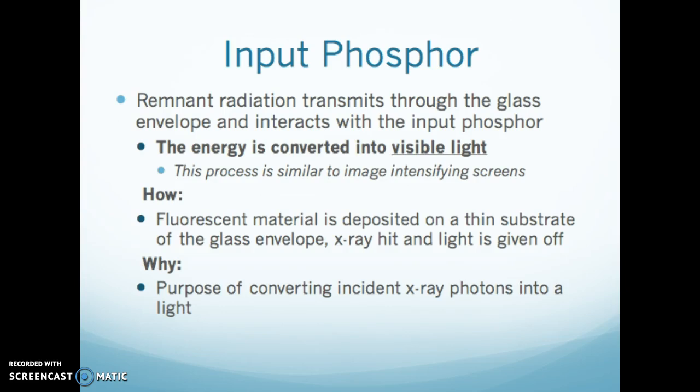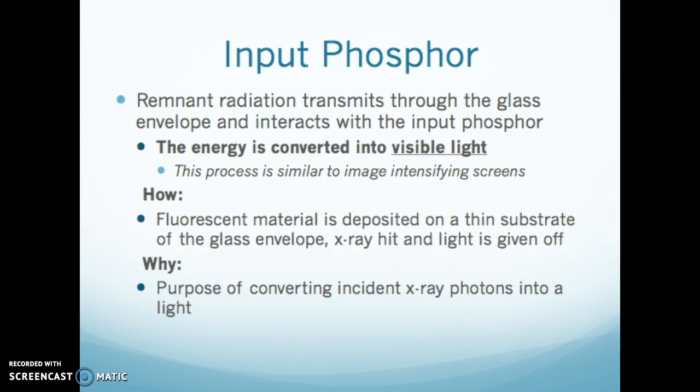So we're going to talk about the input phosphor. The input phosphor is the first thing that intercepts the X-ray photon in the remnant beam. So it transmits through the glass envelope and interacts with the input phosphor. The energy of the photon is converted to visible light. So this process is just like our intensifying screens. Same idea. So how does it do this?